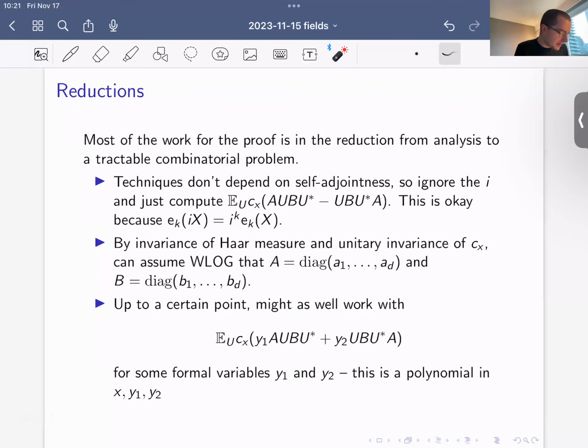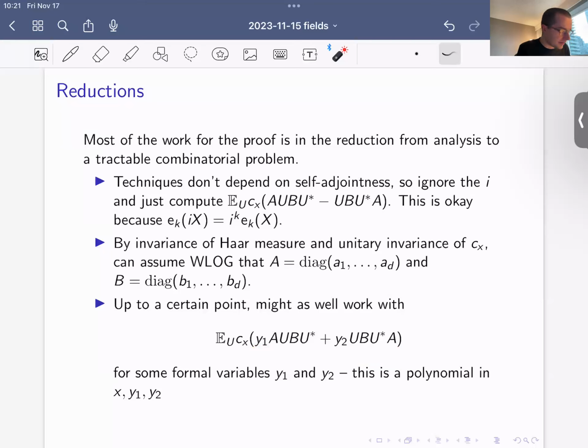And maybe this isn't really a reduction, but up to a certain point, we might as well work with this kind of linear combination of A UBU star and UBU star A. So we can introduce some formal commuting variables, Y1 and Y2, and work with this expected characteristic polynomial.